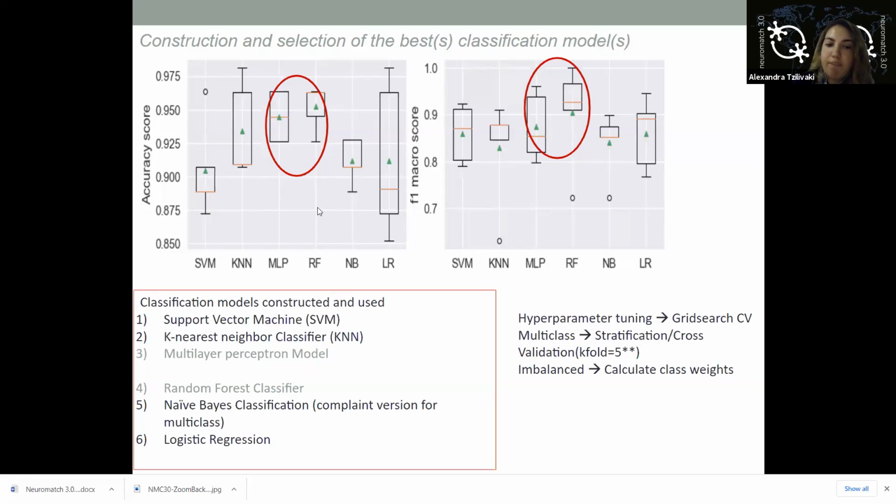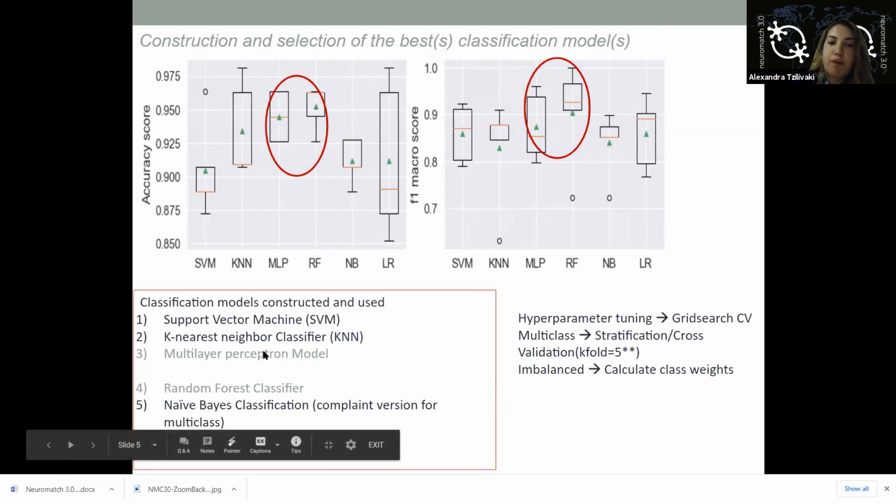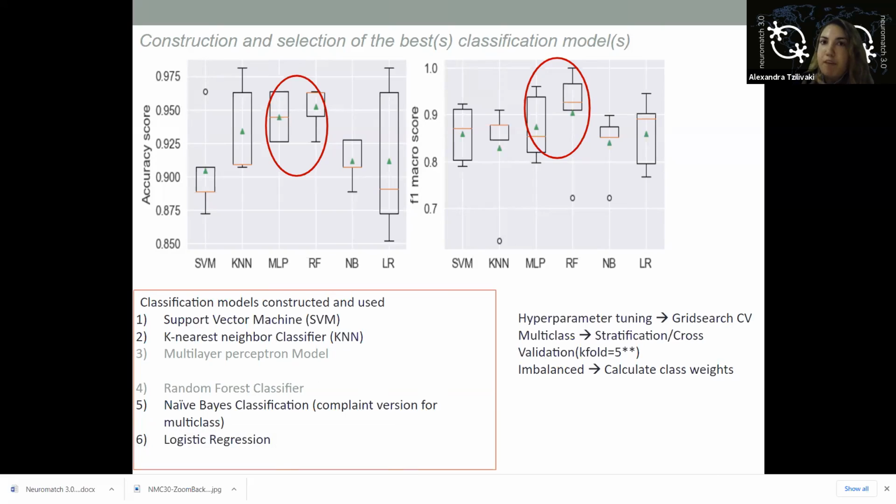Where applicable, for example in the random forest, the support vector machine and the logistic regression, we try to solve the imbalance issue by inserting class weights. So for each particular class of the three, the excitatory and the two inhibitory populations, we have a certain class weight to solve the imbalance.